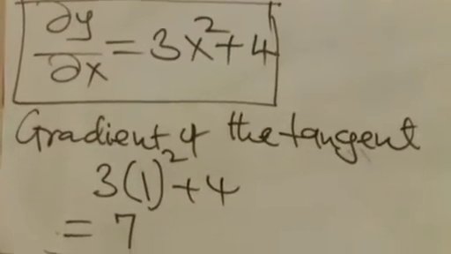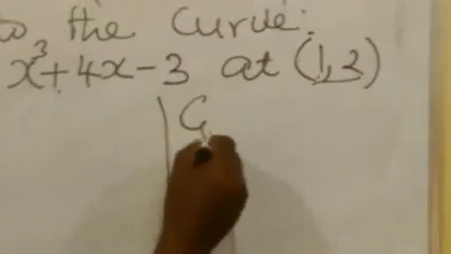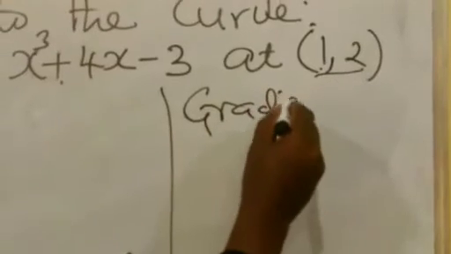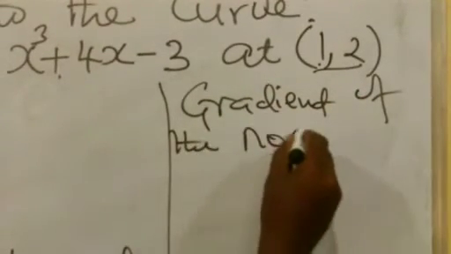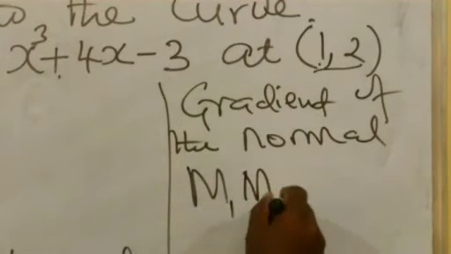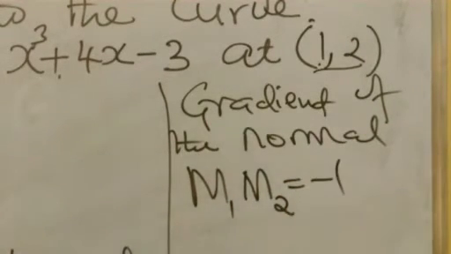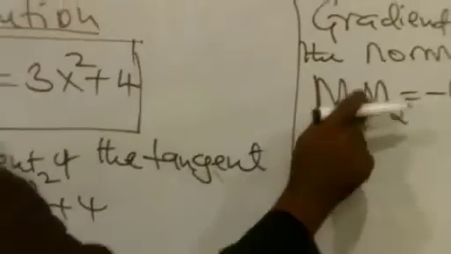Now we proceed and get the gradient of the normal, which is m1 multiplied by m2 should give us -1. m1 is the gradient of the tangent, and we don't know m2 because it's what we are looking for.